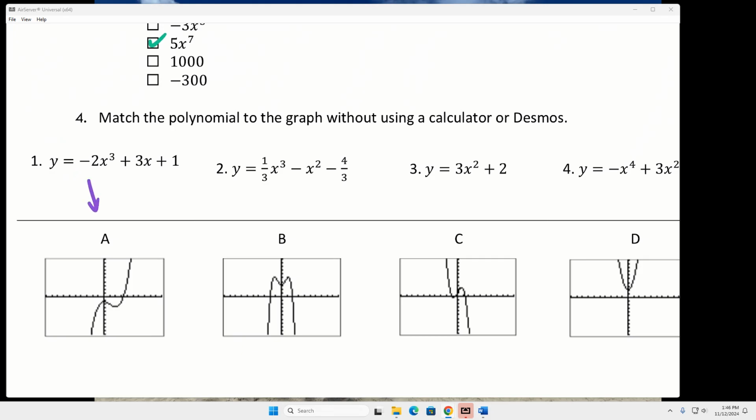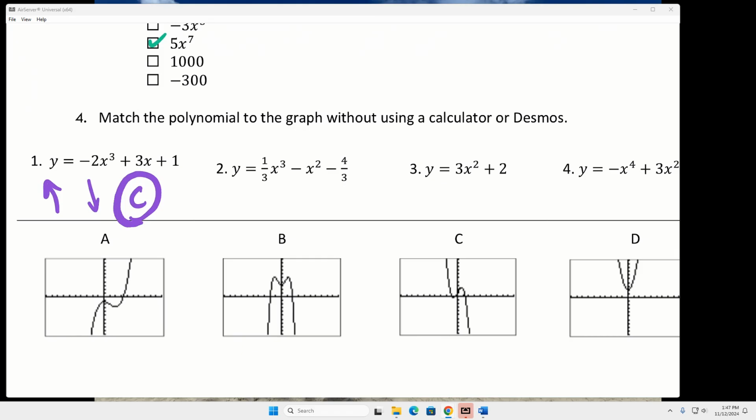All right, then the degree tells the left. So the degree is odd. An odd number, is it going to go the same or opposite? Opposite. So which one are we looking at? That's C. Good. All right, and then we get to 2.